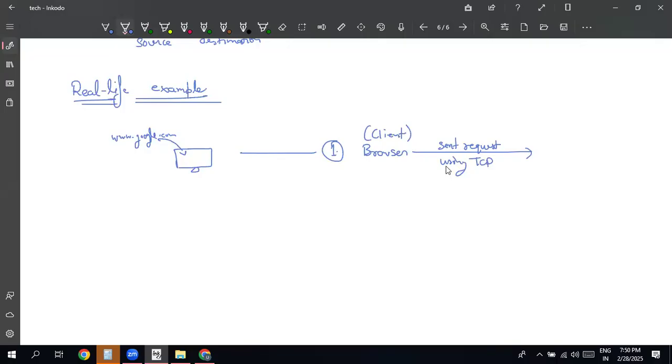This request would be sent out to whom? Towards the server, any particular web server available in the environment of Google.